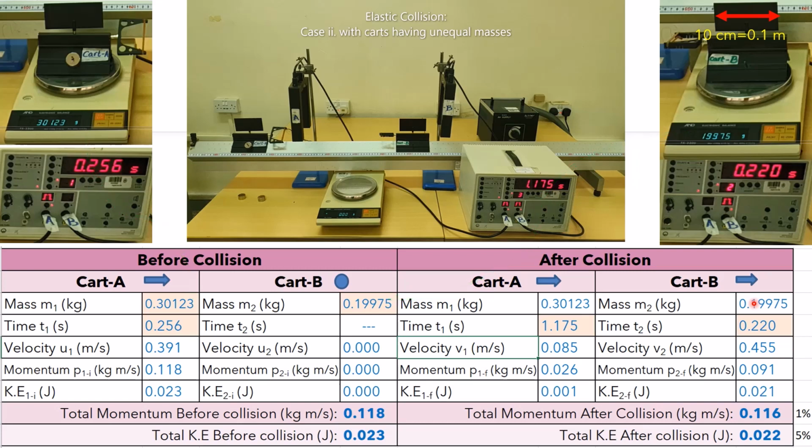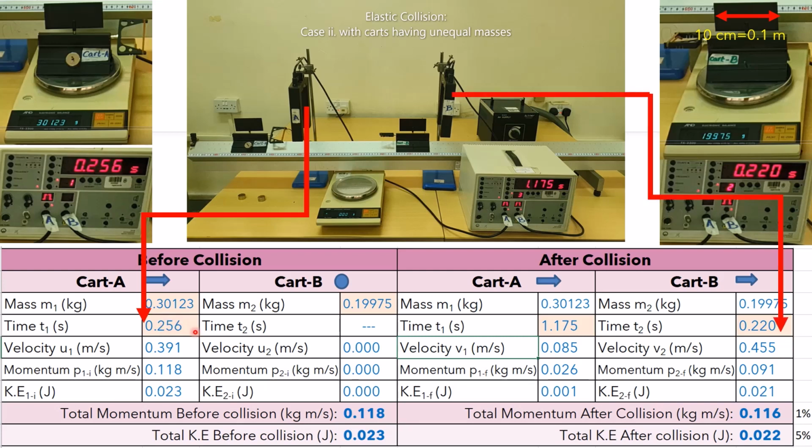Now in this experiment we have a total of 3 times of obscuration: 1 before the collision and 2 after the collision. The one before the collision is for cart A when it passes through photo gate A, 0.256 seconds.